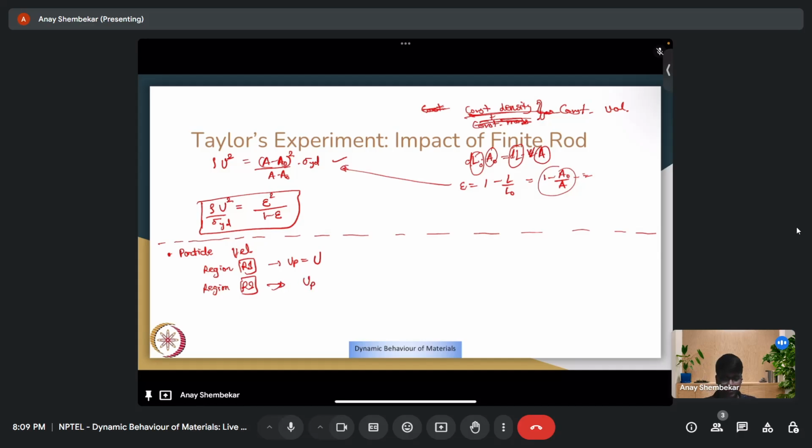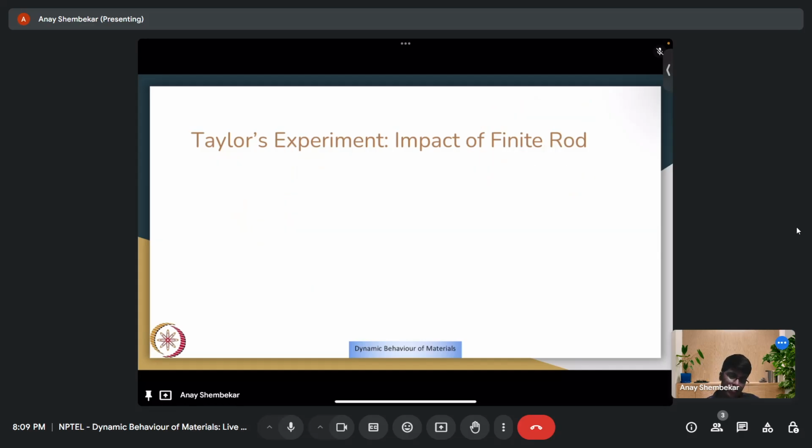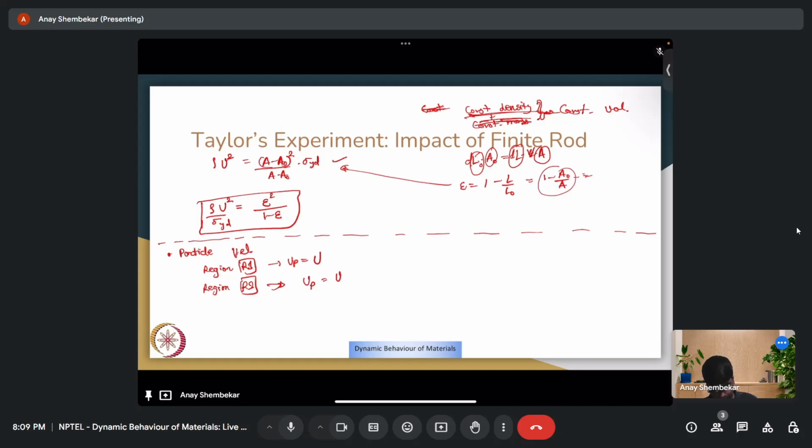If we look back to our previous relations, you have sigma yd upon c, c being the wavefront velocity at that particular stress inside the region between the elastic wavefront and the plastic wavefront, which is moving ahead and deforming the material to rest.